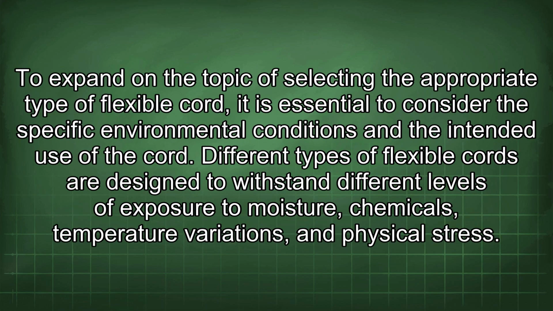effective. To expand on the topic of selecting the appropriate type of flexible cord, it is essential to consider the specific environmental conditions and the intended use of the cord. Different types of flexible cords are designed to withstand different levels of exposure to moisture, chemicals, temperature variations, and physical stress.